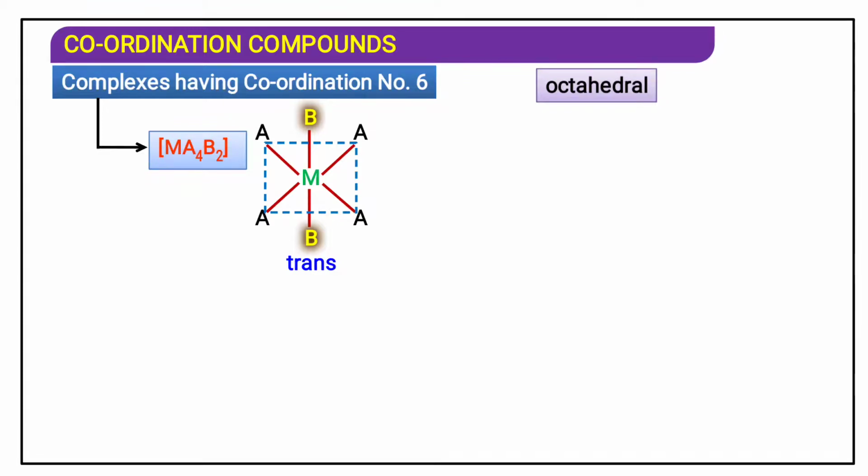So this is 1, this is 2, 3, 4, 5, and 6 at the bottom. I repeat again: 1, 2, 3, 4, 5, 6. That means our B is at the 1-6 position. So this 1-6 position symbolizes trans.